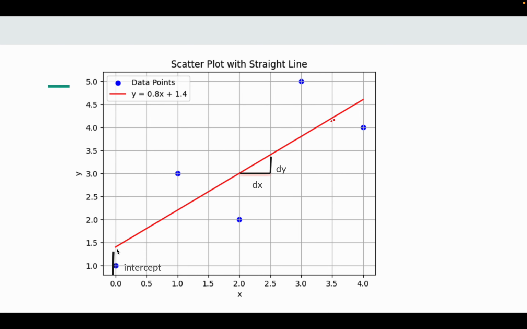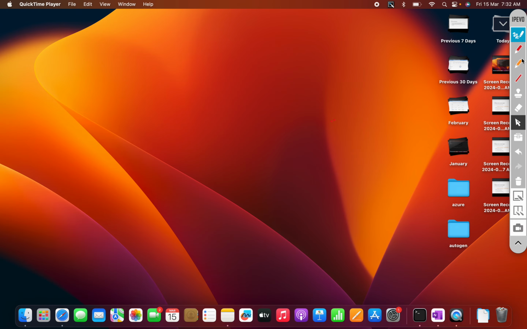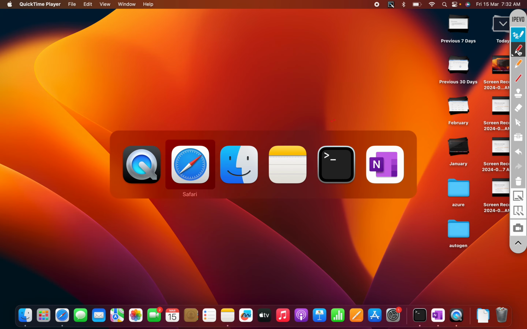One more thing we need to discuss is what is meant by a best fit line. Consider these blue points as our data points. We can draw millions of lines, right? Let me take a pen.